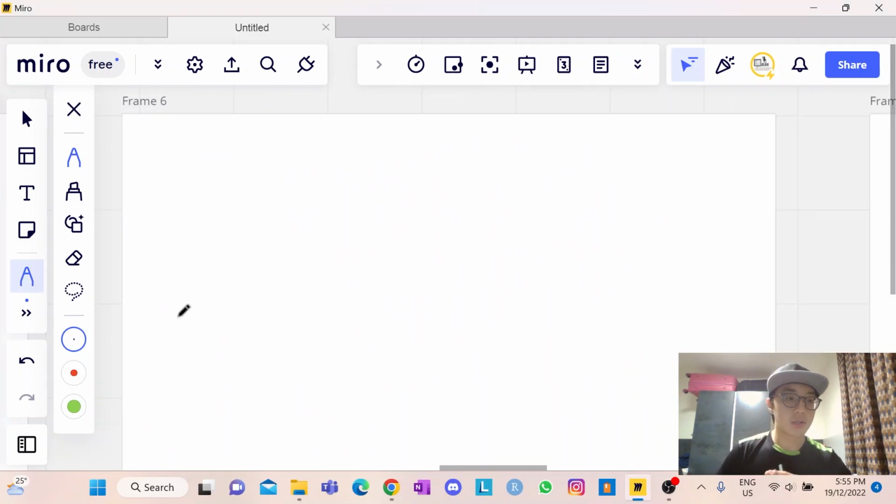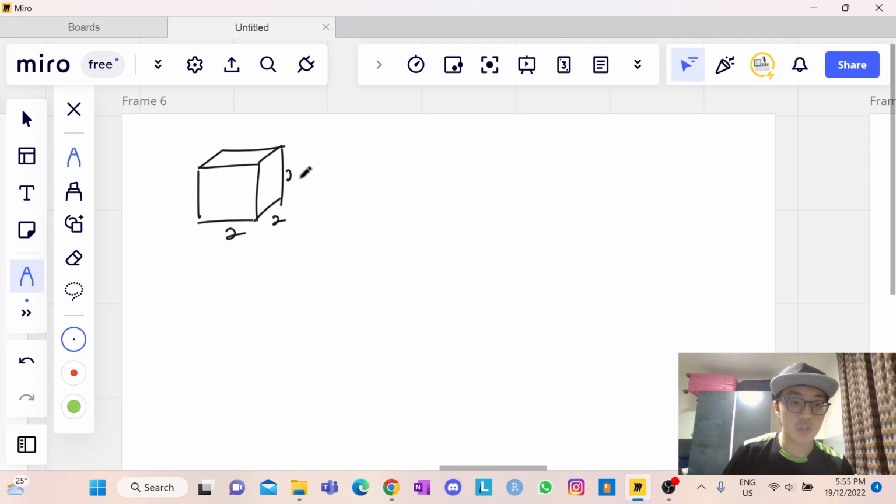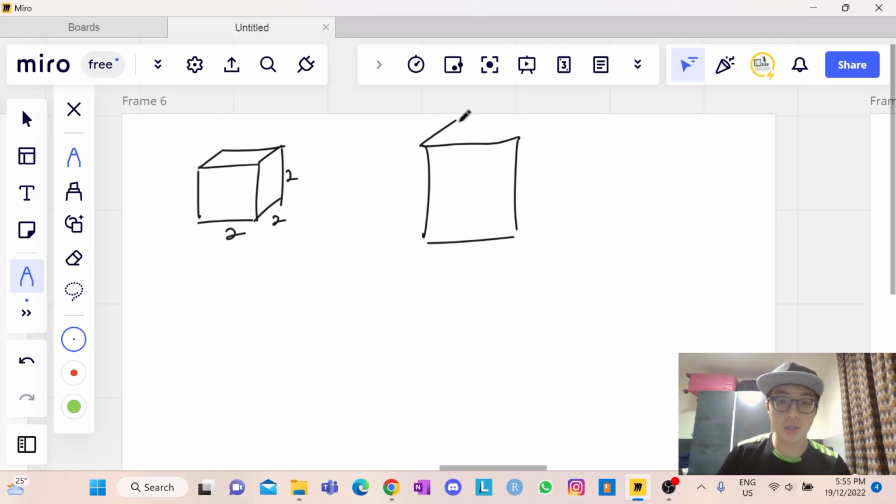Okay, right here. Given that this is a cube of side 2, and this is a cube of side 3.